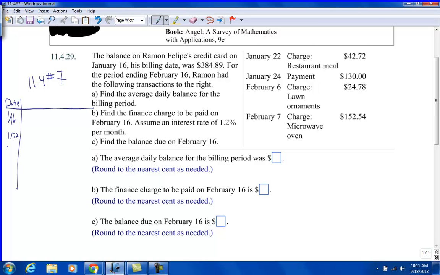And then 1/24, and then 1/26, and then 1/27. And it closes on the 16th of February, so 2/16. And we're going to look at the balance for each of these, and then the number of days.